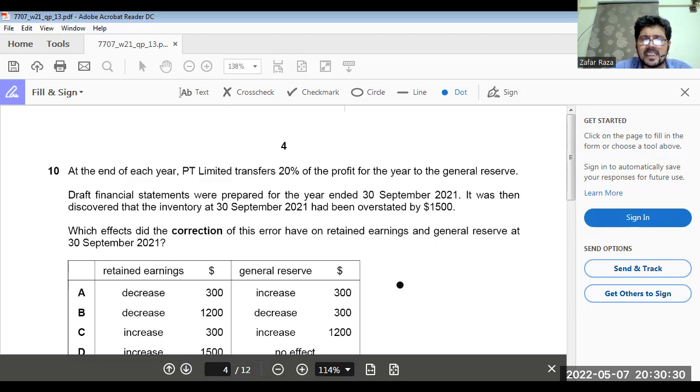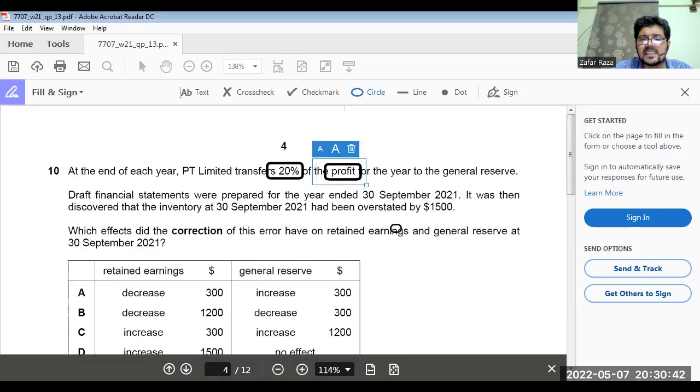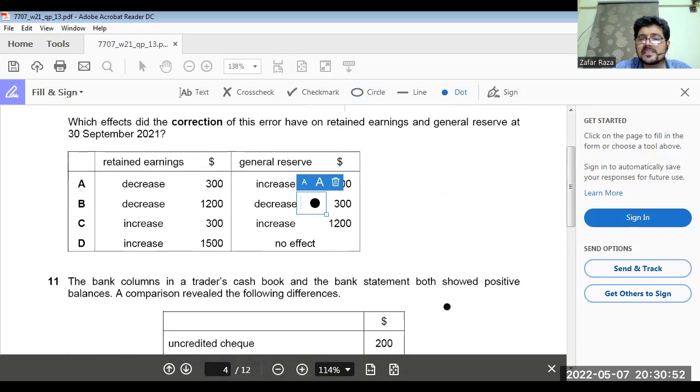When profit decreases, the 20% of the profit will also decrease. So there is only one option in general reserve for the decrease, that is option B. So B option is the answer. Getting my point clear? This is how to answer this question. Don't worry about it, just think about the general reserve.